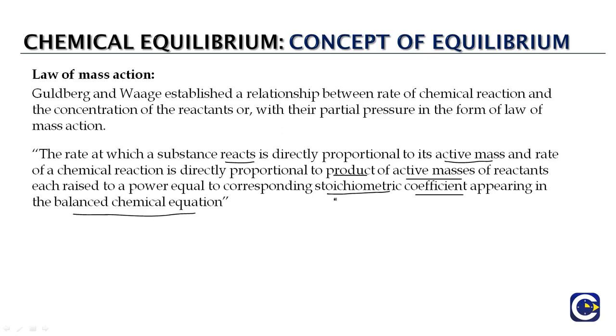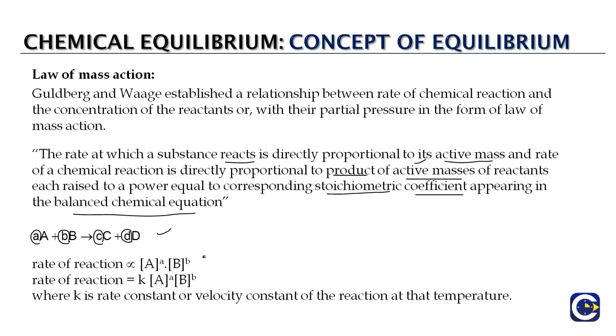Now we'll talk about what we mean by active mass. Here, if you look at a sample equation where a moles of substance A and b moles of substance B react to form c moles of substance C and d moles of substance D. Over here the rate of the reaction, which we can see as the rate at which the reactants are getting consumed, will be proportional to the active mass of A. So here we are using this parenthesis notation to represent the active mass: active mass of A to the power a.